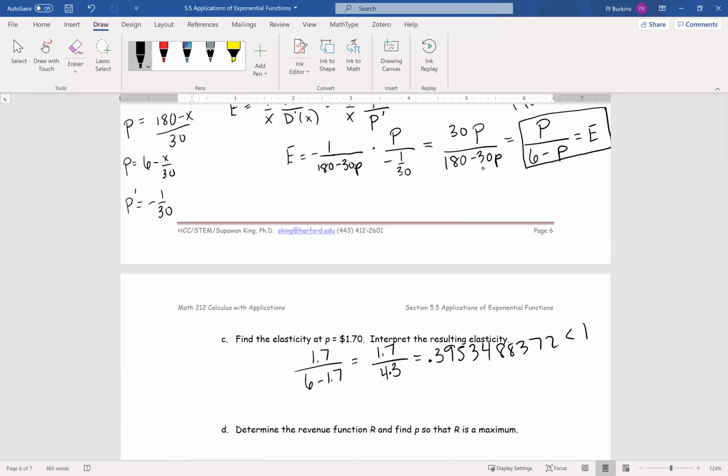So this is inelastic. And again, I noticed I made a mistake on the notes I sent out, so I will fix that as well.